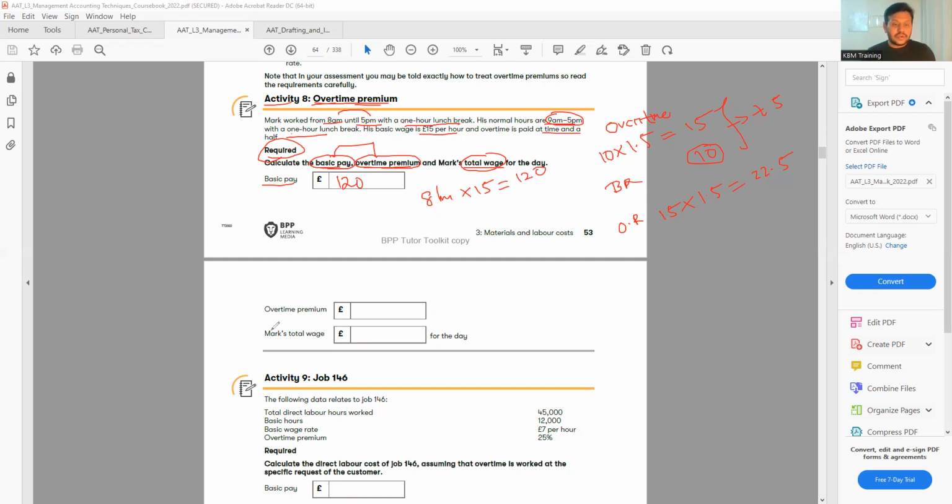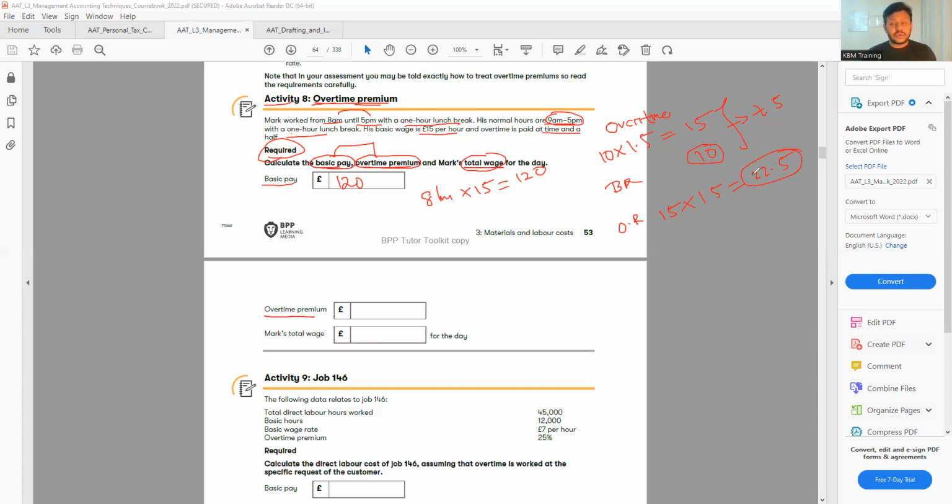The next one, looking for the premium. Who can tell me how much the premium will be here? The premium is 7.50. I can see almost everyone giving me the right answer. Very well done. That means you understand the difference. So now the overtime rate was 22.5.